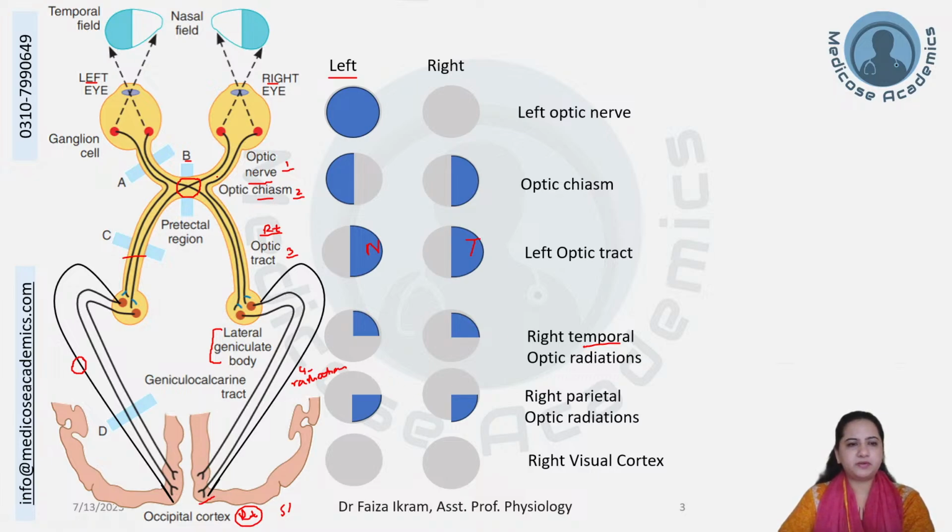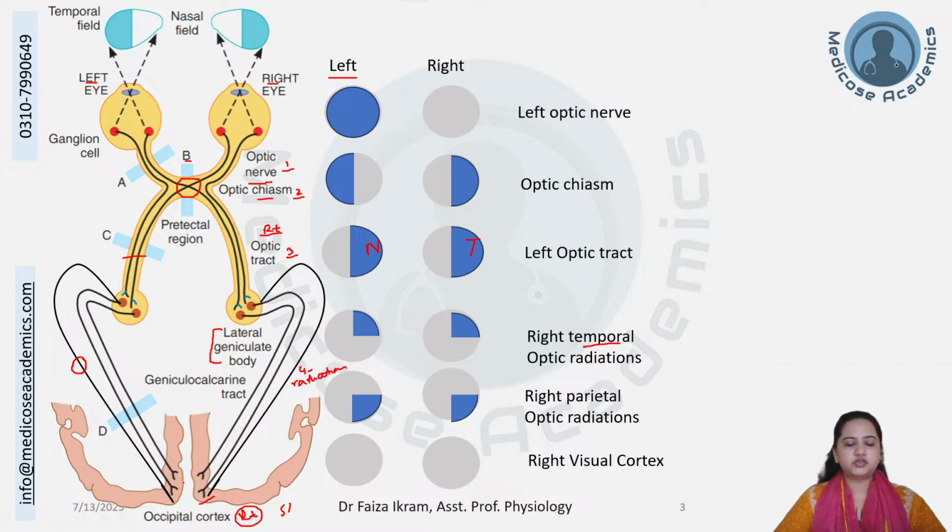So after the optic chiasm, it's contralateral. Right optic tract, left field of vision; left optic tract, right field of vision of both eyes. If we go to the optic radiations, it is further demarcated into superior and inferior, and now this is not the half, this is the quadrant.